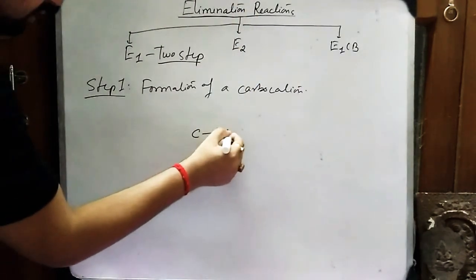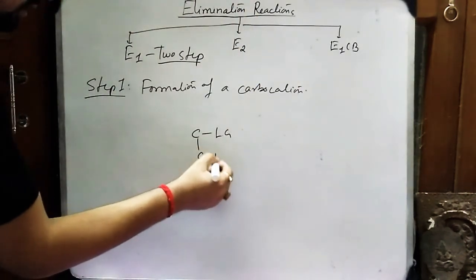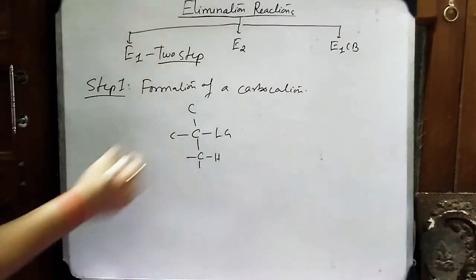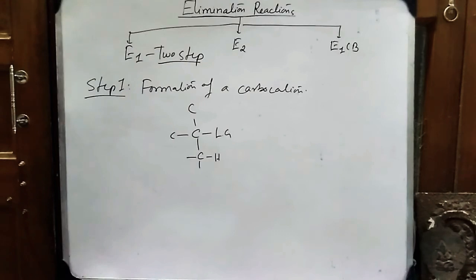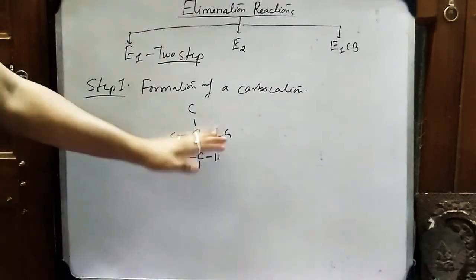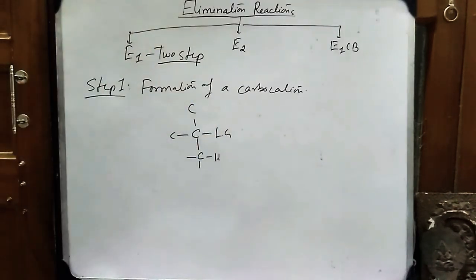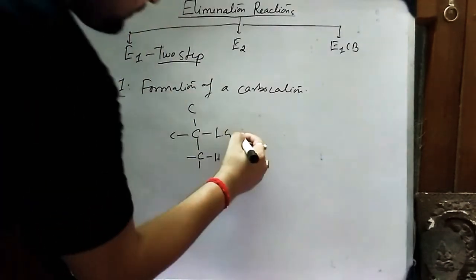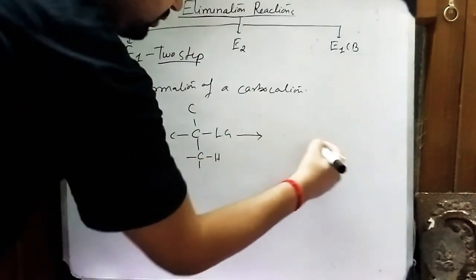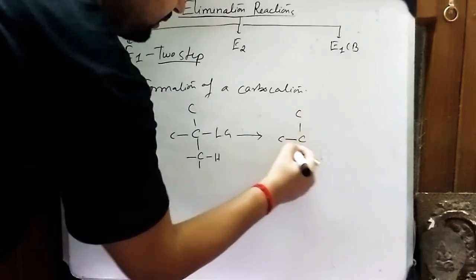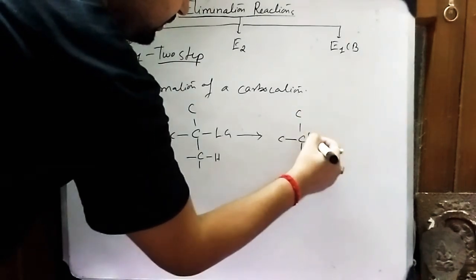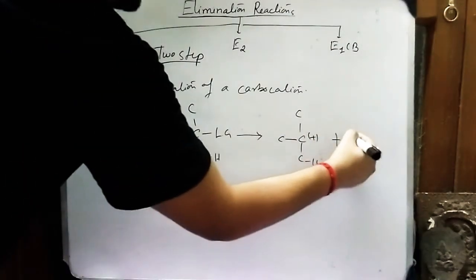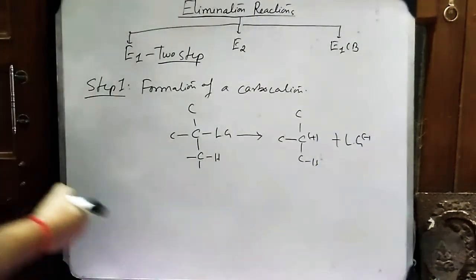The carbon having a leaving group is attached to a carbon having a hydrogen. Suppose this is the tertiary skeleton of a 3 degree alkyl group having a leaving group. Now the leaving group will leave, and this will lead to the formation of a carbocation with the liberation of the leaving group.